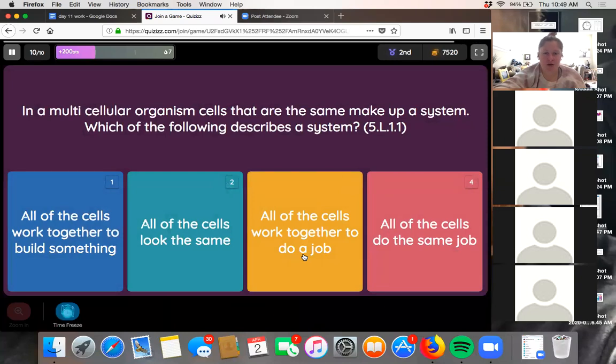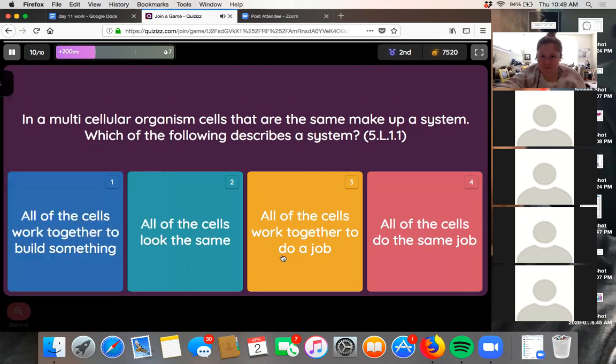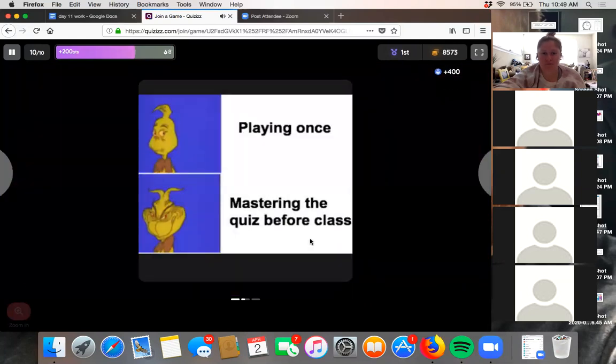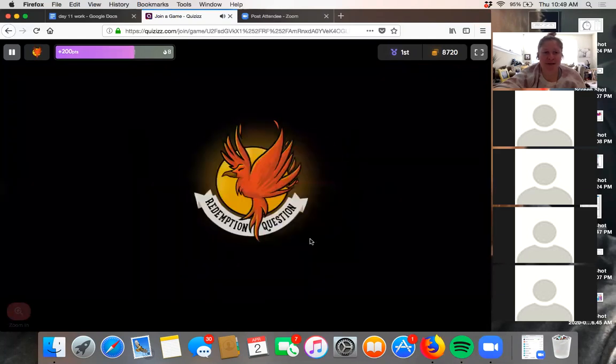In a multicellular organism, cells that are the same make up a system. Which of the following describes the system? Which of the following is not in this one? Whoop, whoop. I'm in first place at the moment.